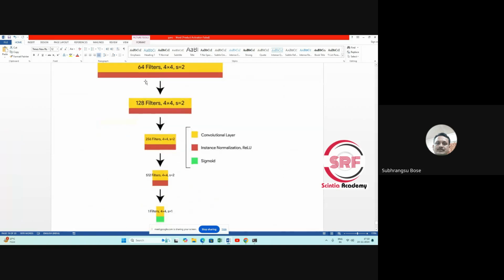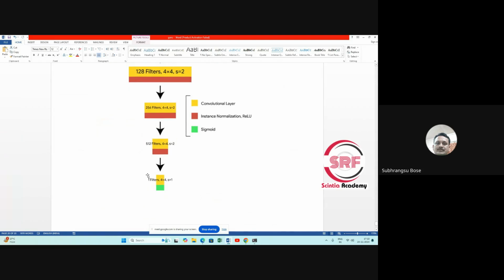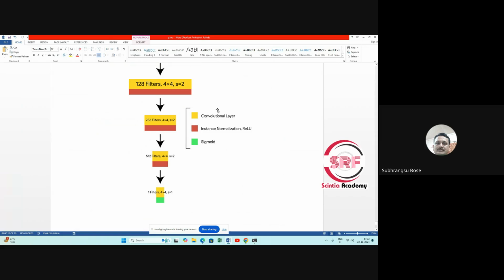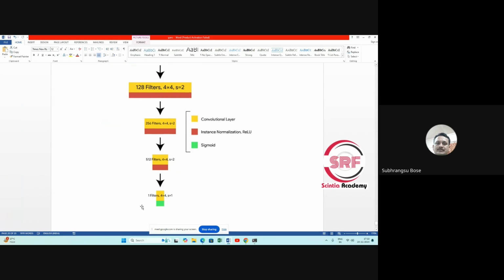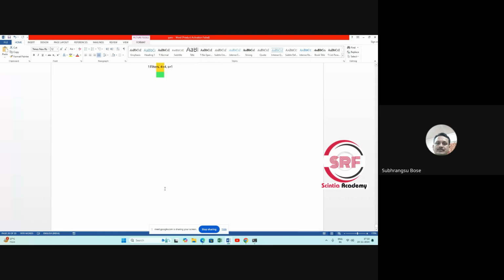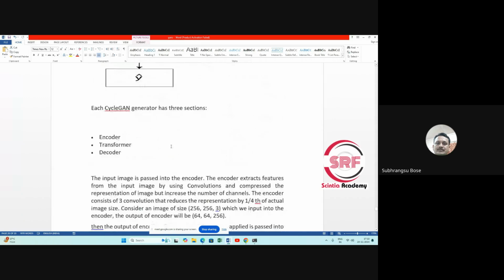Let's say it first increases 64, 128, 256, 512, and then predicts a binary prediction, with a convolution layer first, then normalization, ReLU, and a sigmoid last. Why sigmoid? This is binary classification, 1 or 0. This is the cycle GAN.